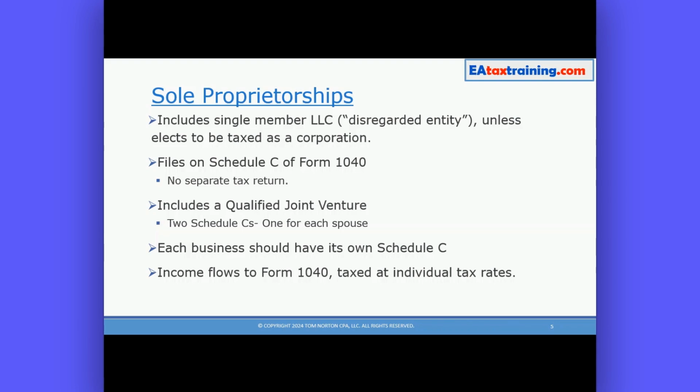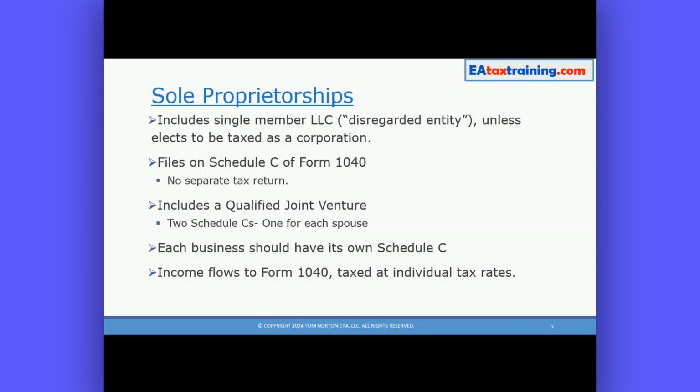If an individual or a couple has more than one business, then they should each file their own Schedule C. So if you've got more than one sole proprietorship, say you've got 2 different sole proprietorships that you run, then each should have its own Schedule C. Whether or not to include them together is a bit subjective. So you just kind of look at, are they in similar lines of business?